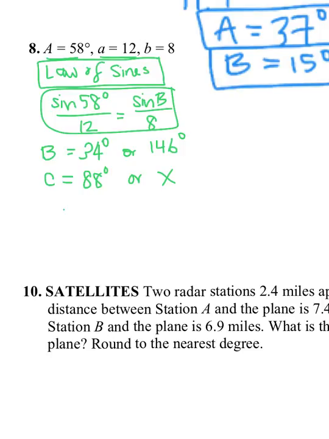So using law of sines again. This time I'm going to solve for side C, knowing angle C. All right, cross multiply, divide both sides by sine of 58 degrees, and we get side C is 14.1.